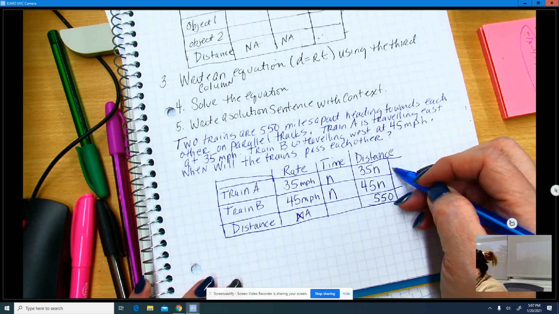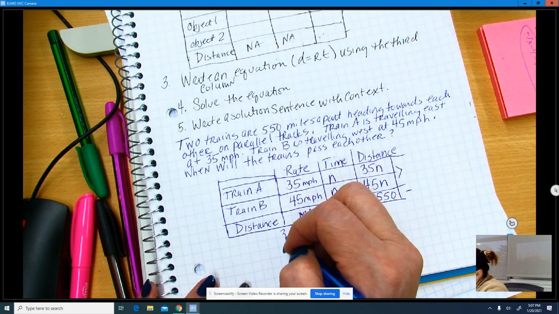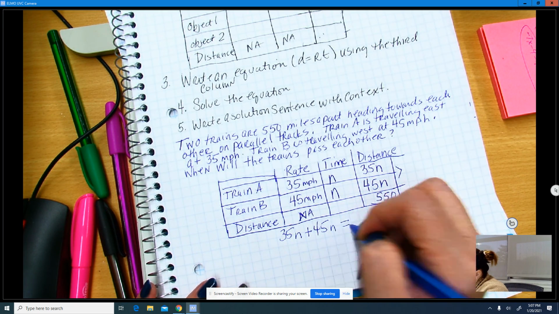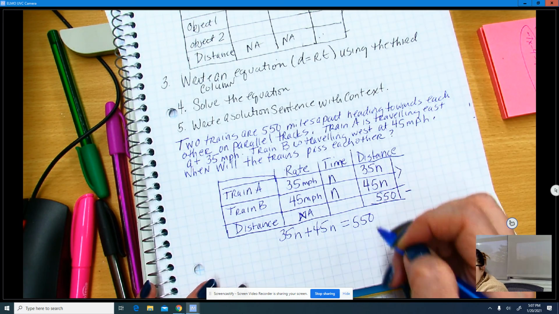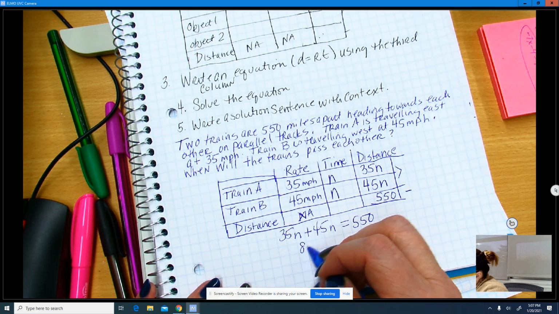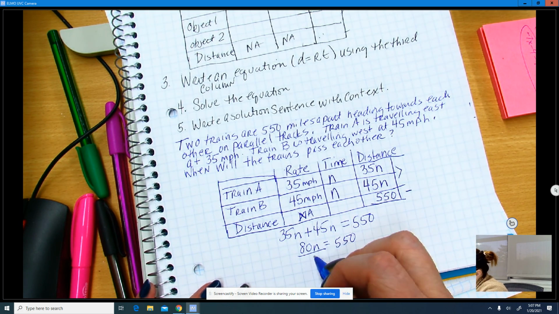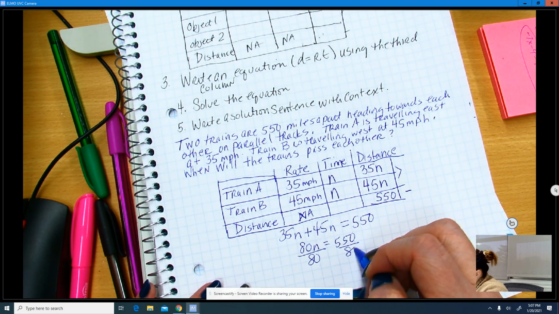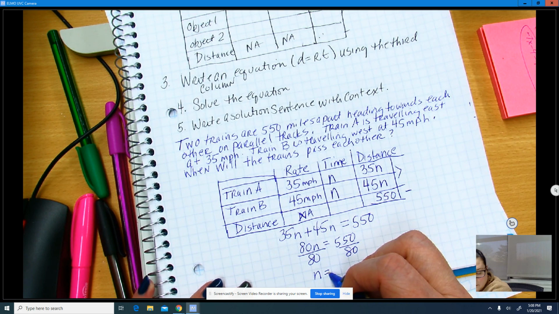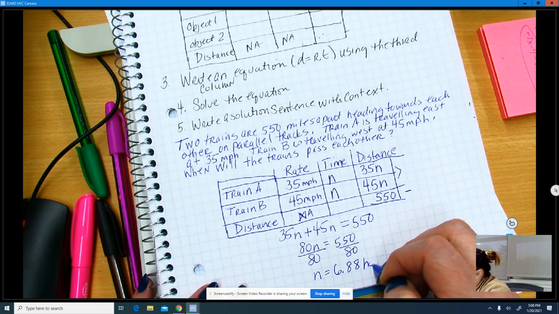So the distance of the two trains must equal the total distance. So 35n plus 45n must equal 550. 35 plus 45 is 80n, must equal 550. So divide by 80, and n must equal about 6.88 hours.